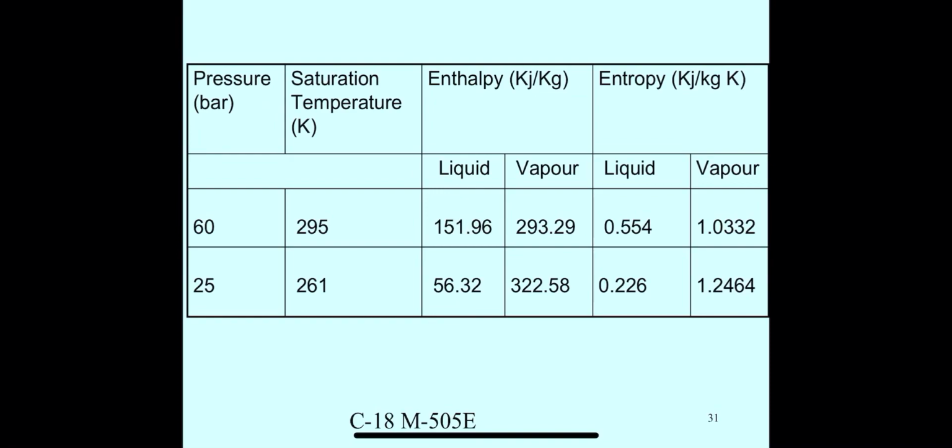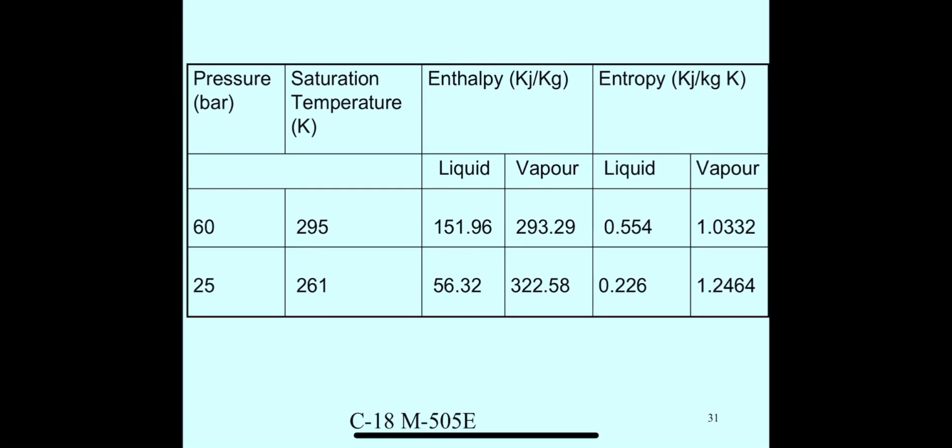For the pressure of 60 bar, saturation temperature is 295 and liquid enthalpy is 151.98 and vapor enthalpy is 293.29 and liquid entropy is 0.554 and vapor entropy is 1.0332.